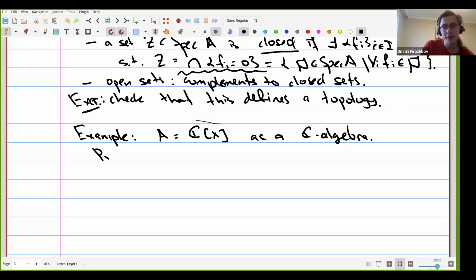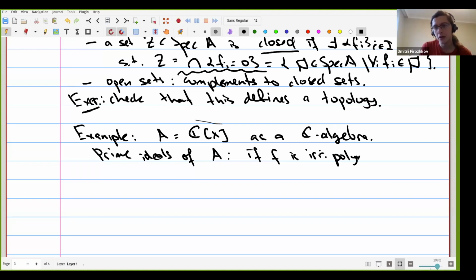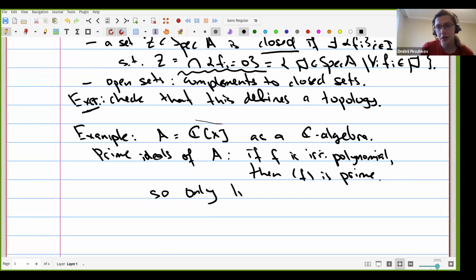So what are the prime ideals of A? Well, first of all, if f is an irreducible polynomial, then (f) is a prime ideal. But since we work here over complex numbers, the only irreducible polynomials are linear terms.